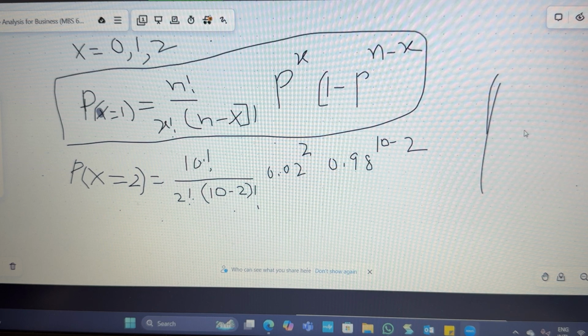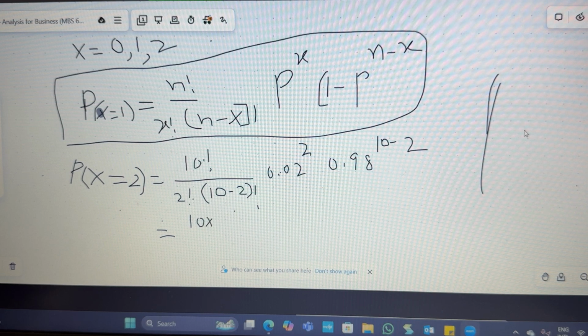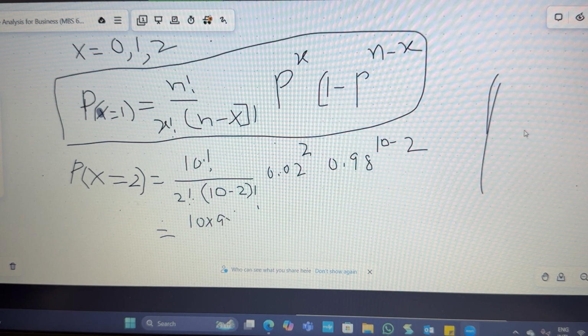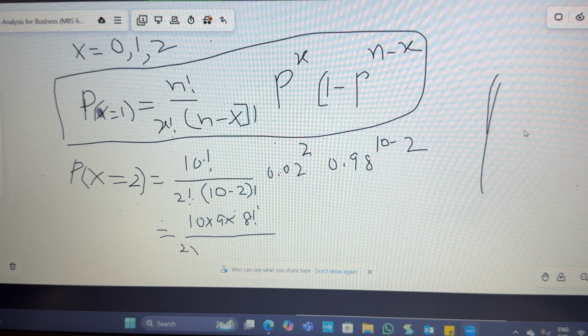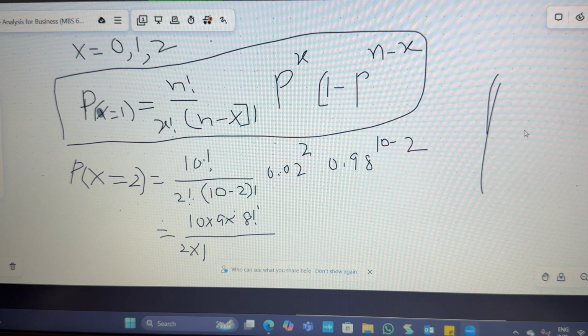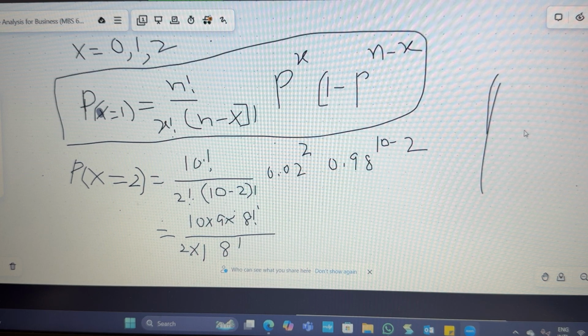When you summarize, you have 10 into 9 into 8 factorial, divided by 2 factorial, which is 2 into 1, and 10 minus 2 factorial equals 8 factorial.